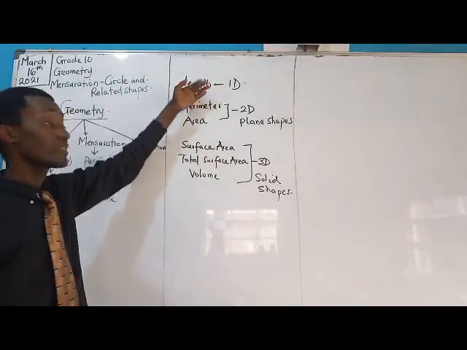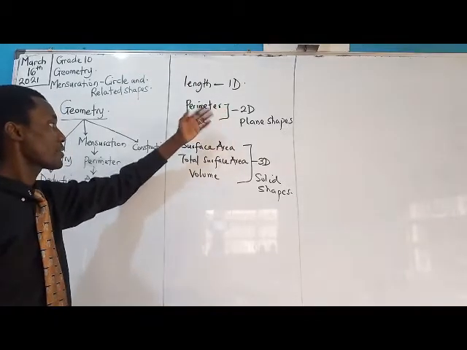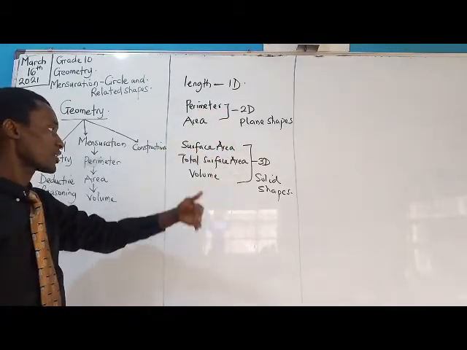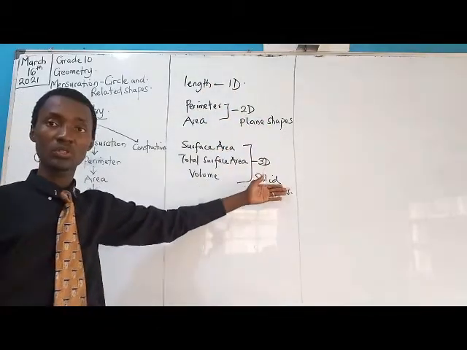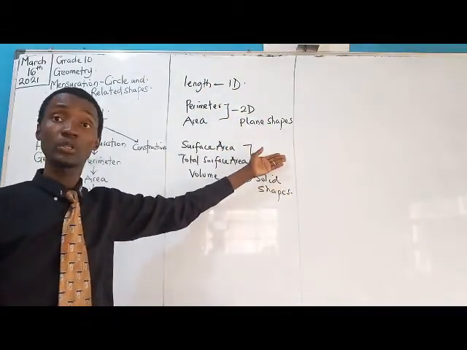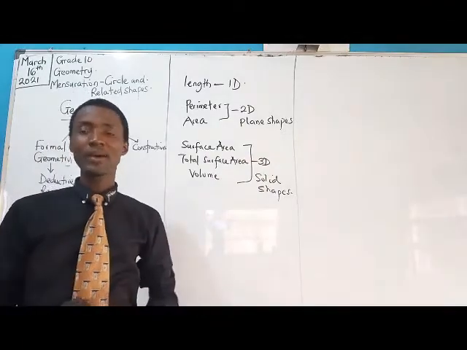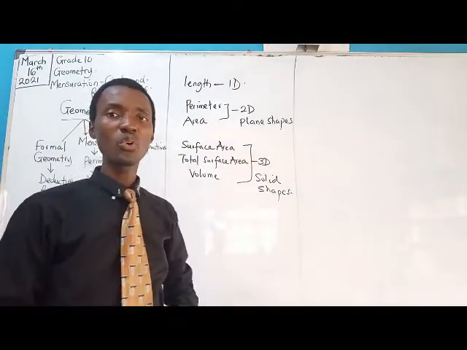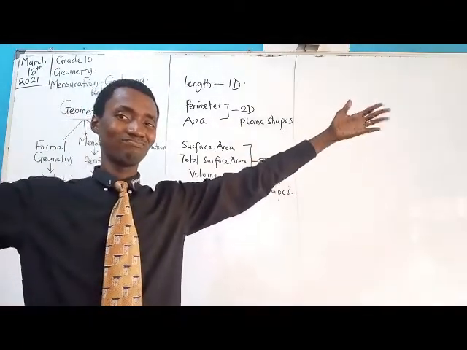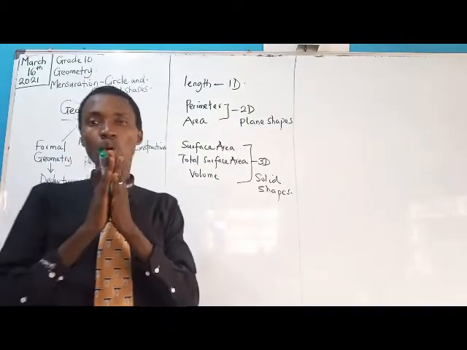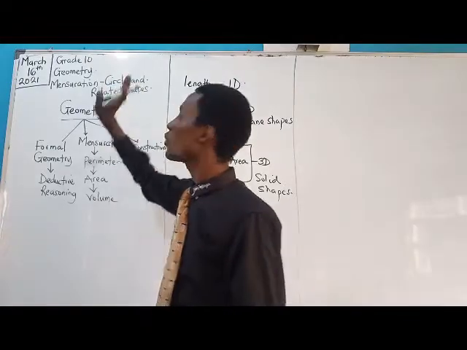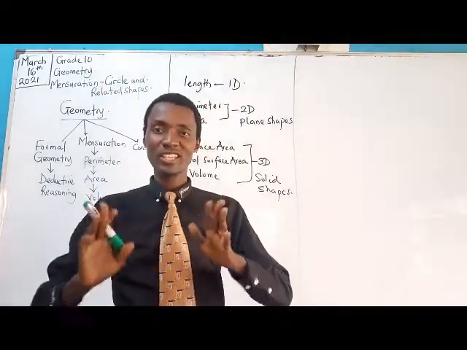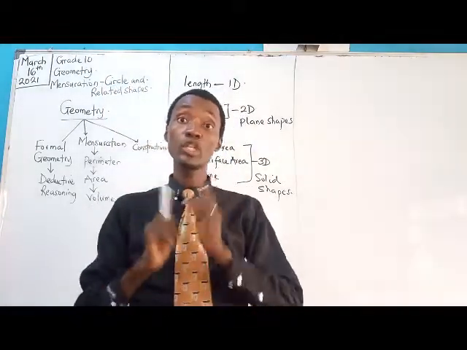Either we're considering length, perimeter, area, surface area, total surface area, volume. One-dimensional, two-dimensional, or what? Solid shapes, or what we call three-dimensional. But remember that our focus today is not to go into those areas. We want to focus essentially on circle and what? Related shapes. And that's what we're going into right away.